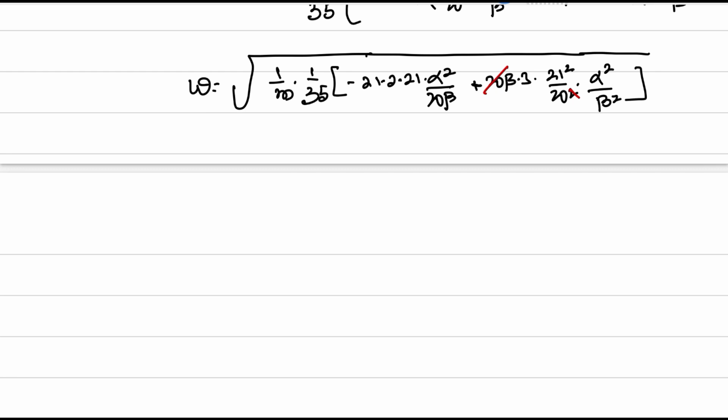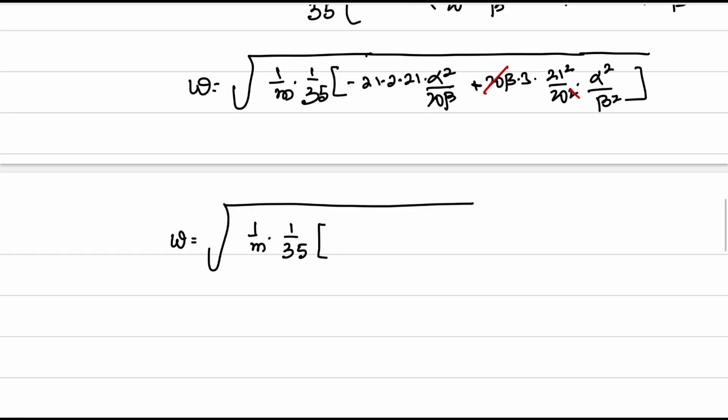Now, let us simplify this one. Omega is equal to square root of 1 by m into 1 by 35 into alpha square by beta, and here beta gets cancelled.